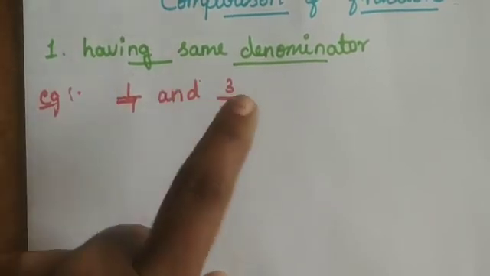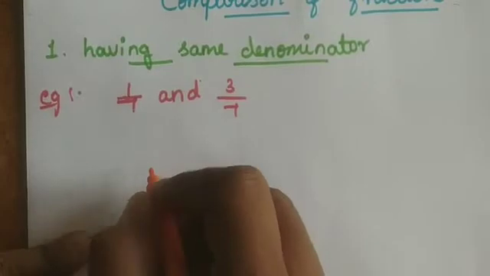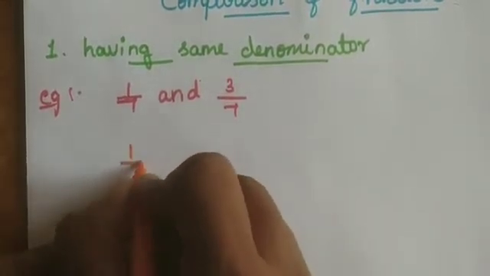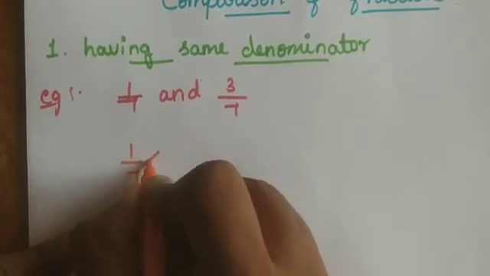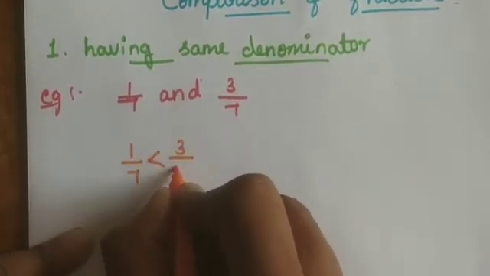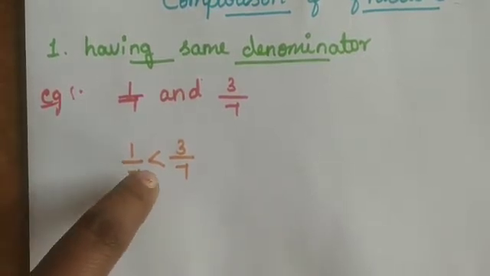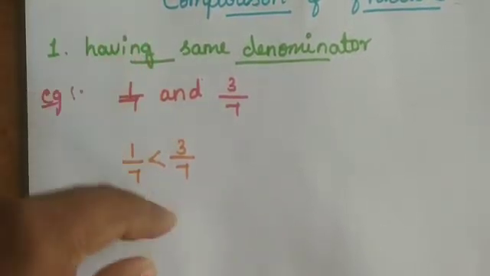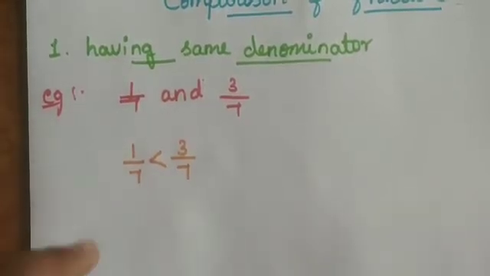So 1 is less than 3. Symbolically we write 1/7 is less than 3/7. Understood, children? 1/7 is less than 3/7, or smaller than 3/7.